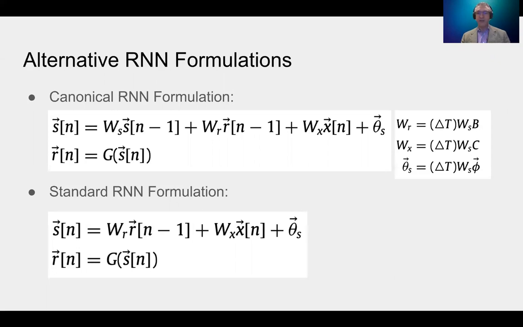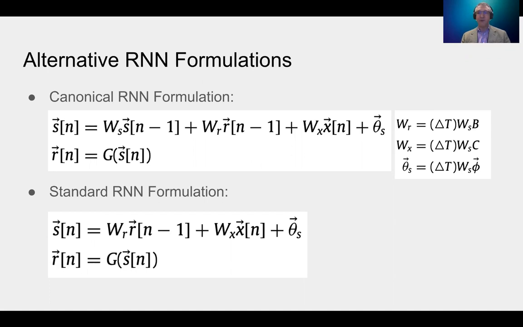The standard recurrent neural network formulation appears in the second equation, where the state at the current step depends on the warped state at the previous step. It does not depend on the unwarped state at the previous step.